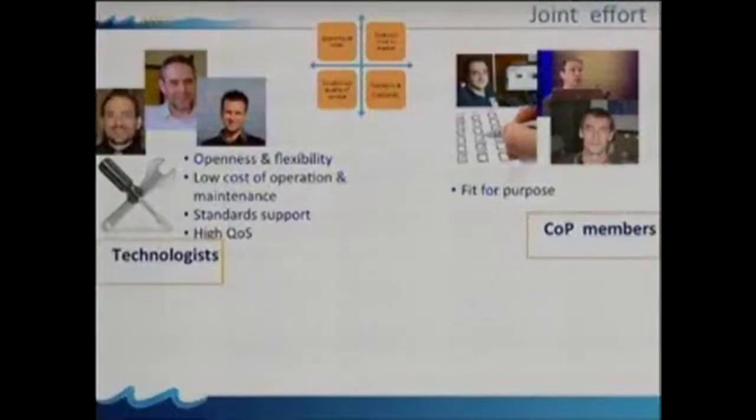But this is not enough, because another key point is this. When I gave you the definition of infrastructure, I told you we are offering a set of basic services, but selecting which are the basic services cannot be done by the ICT partners by themselves.